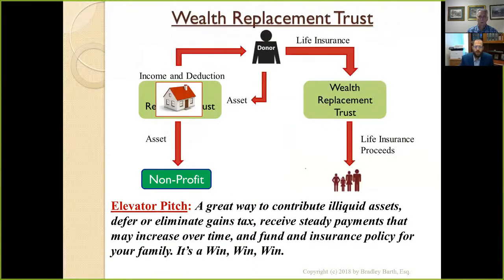So what I want to show you here is we do wind up using, as you mentioned, a wealth replacement trust. I'll get over this in a couple of minutes. So this kind of shows you how the circular transaction works. The donor creates this charitable remainder trust. They fund the assets in, right? The assets go in. They get a present income tax deduction that comes back out to them.